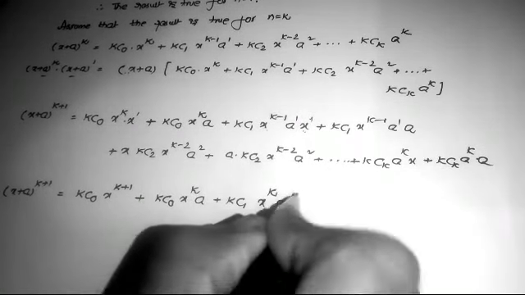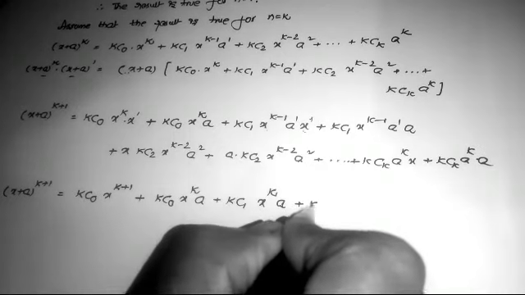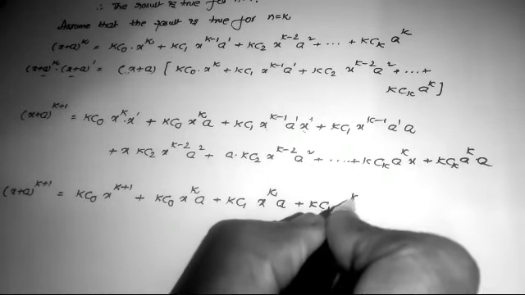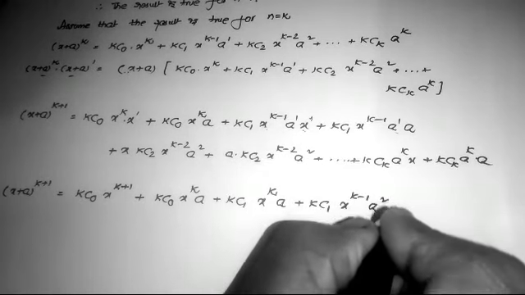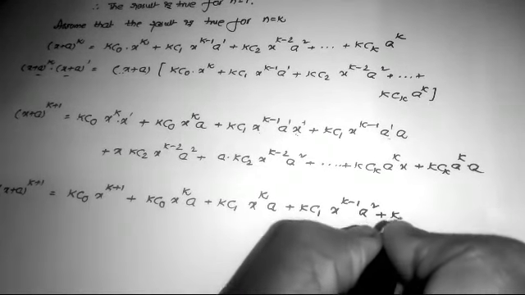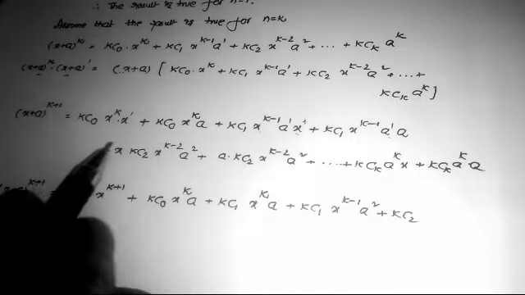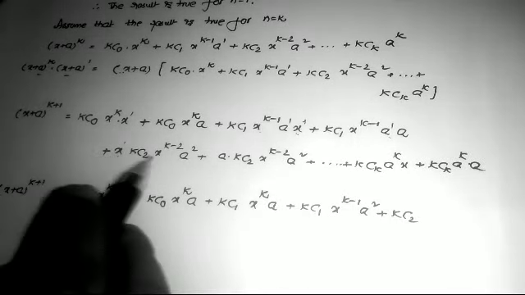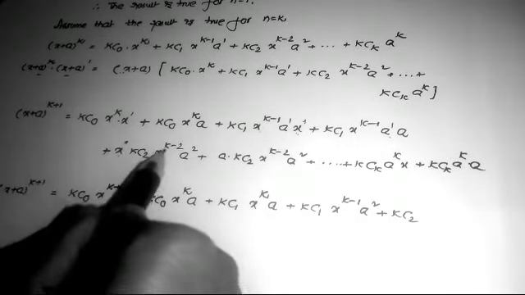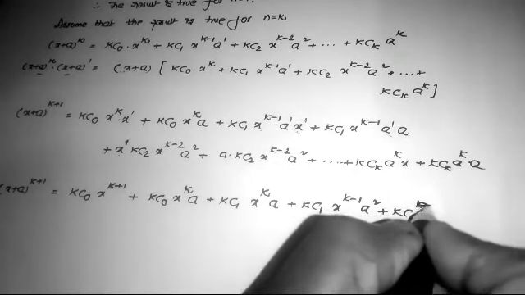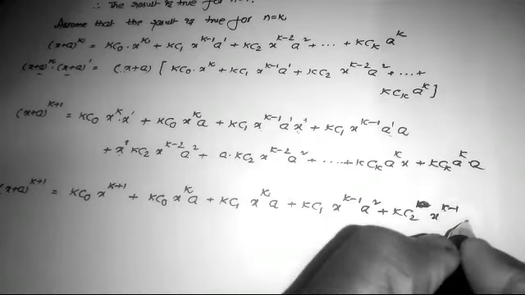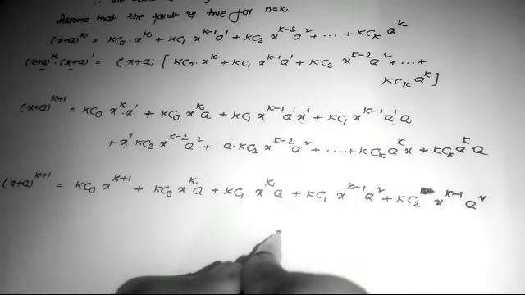So x^k a^1 plus kC1 x^(k-1) into a^1, that is equal to a square, plus kC2 x^(k-2) x^1. Bases equal, add the powers: k minus 2 plus 1 is equal to k minus 1, x^(k-1) into a square. And so on, so on.